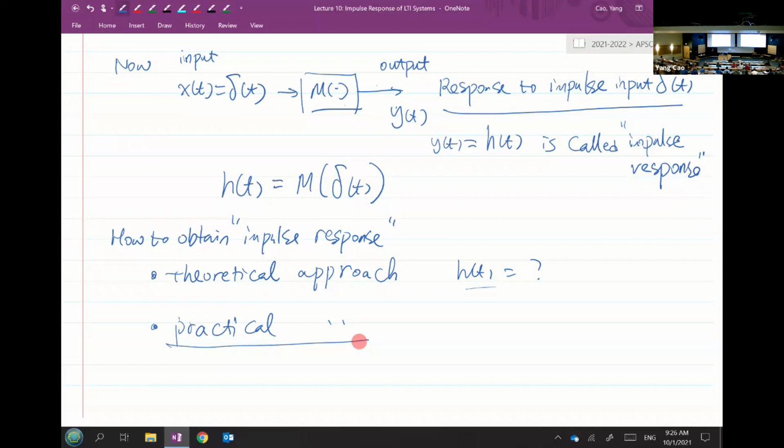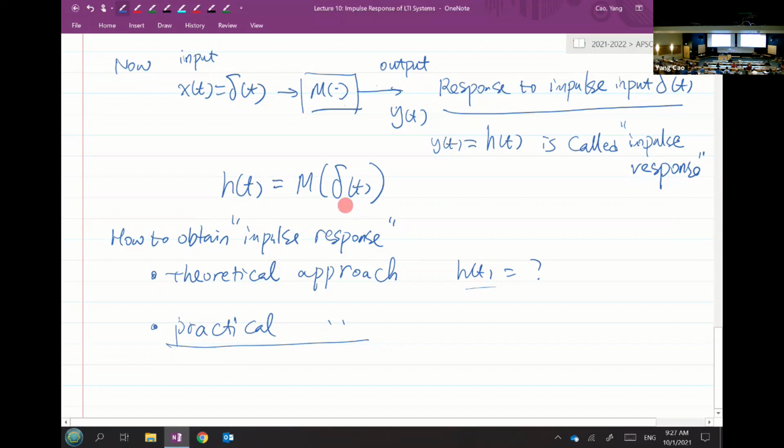And if you hammer the head of a nail as hard as possible, you only hammer it once and then let it go. You could also consider that as close to an impulse input. So those are ways you can generate an approximate impulse input to the system.